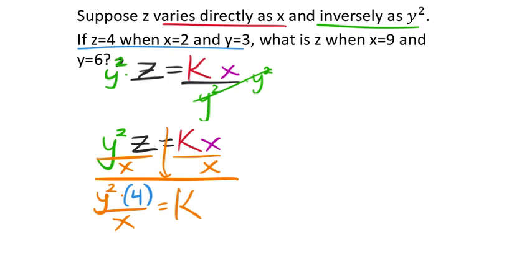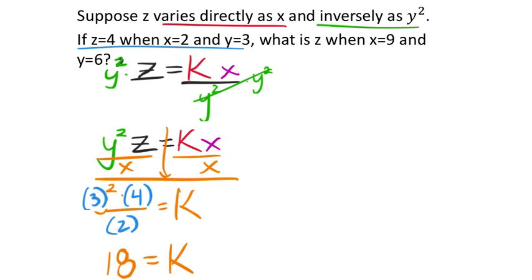I have an x value that's 2, so replace the x in the denominator with 2. And the y value is 3. Again, this goes in as 3 squared. All right, let's go to the calculator. So 3 squared times 4 divided by 2, I got 18. The constant of joint variation here is 18.